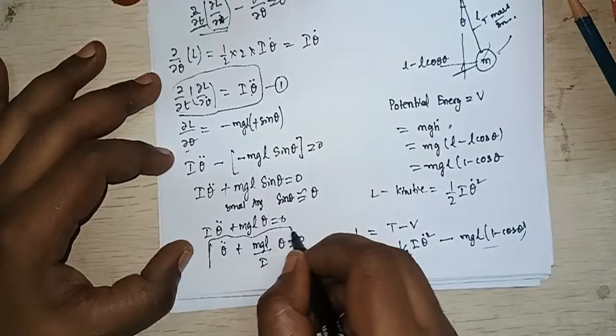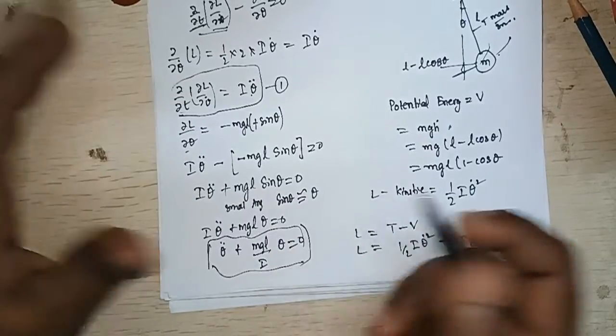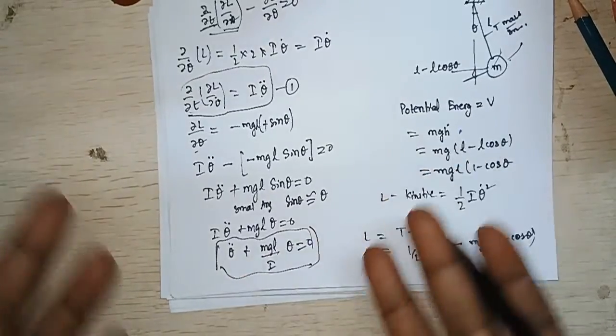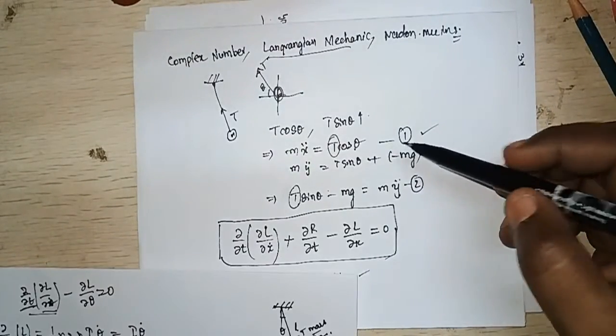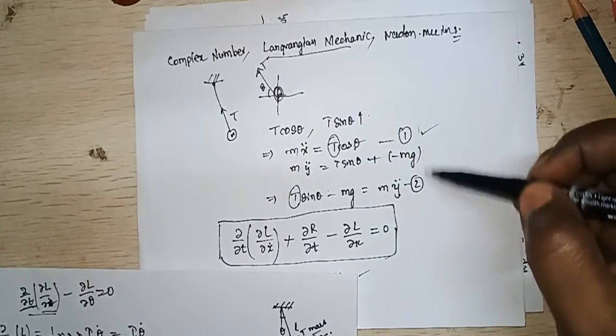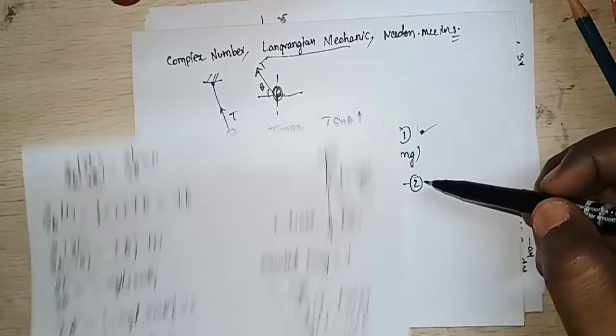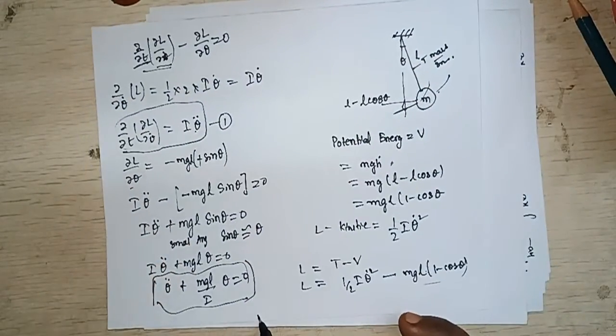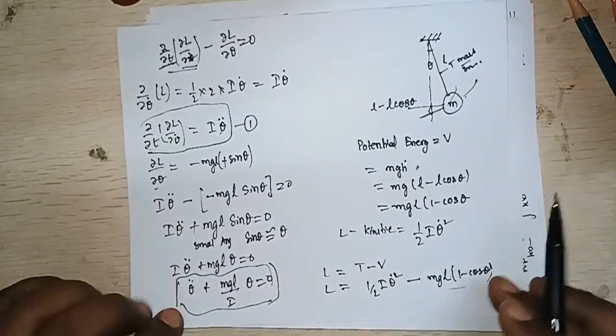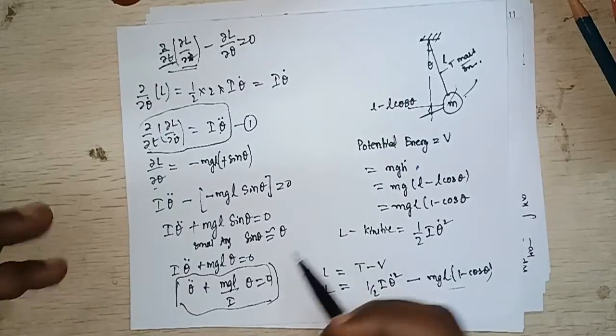This is the equation of motion for this particular pendulum. See, for this particular pendulum, if you go for a Newtonian mechanics case, you have to find two different types of differential equations, but if you go for a Lagrangian mechanics case, it becomes so easy that you will end up with only one variable. These types of variables are called generalized coordinates.